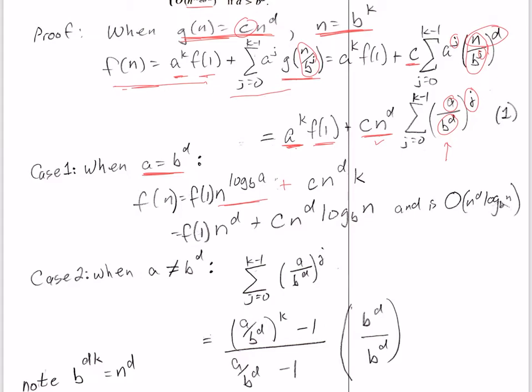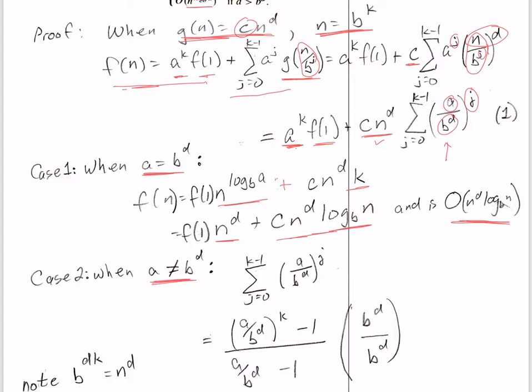And then since a is equal to b to the d, n to the log base b of a is just n to the d. And k is equal to log base b of n. And so the dominating term will be c n to the d log base b of n. So when a is equal to b to the d, I get big O of n to the d log base b of n. Okay, well, now how about the other two cases?